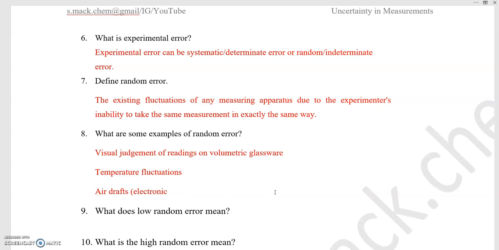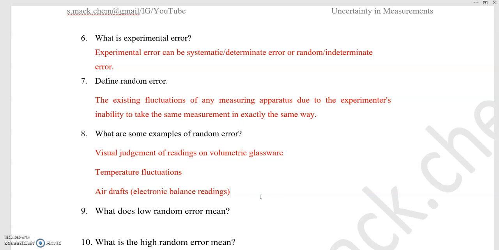It may be temperature fluctuations in an environment, which may affect the density of a liquid. It may be air drafts within an electronic balance, and the presence of air drafts in an electronic balance is also due to the experimenter in the use of that electronic device.